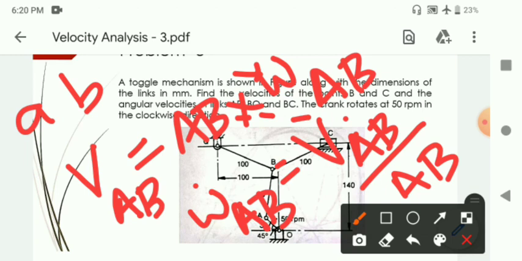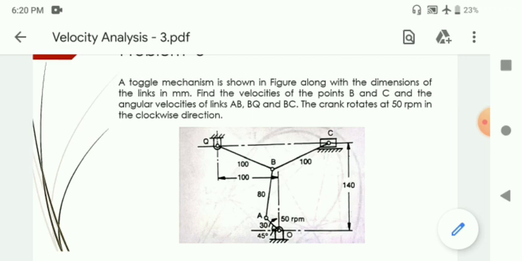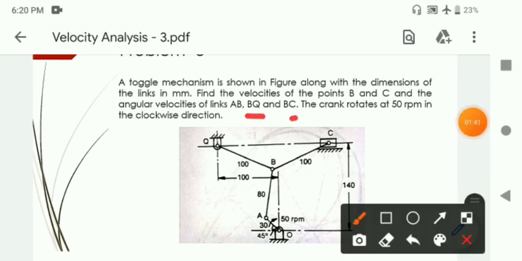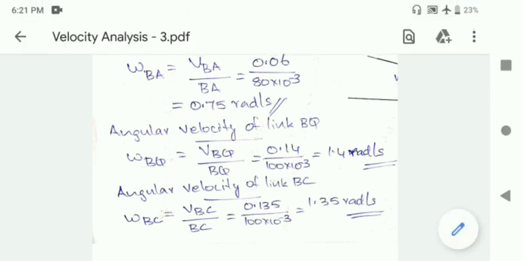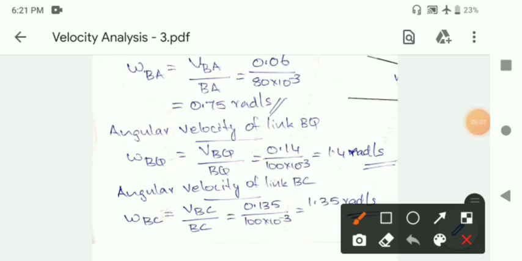Similarly, you can find the angular velocity of BQ and BC. That is what I have found out here. You will get the angular velocity of AB or BA as 0.75 radians per second, angular velocity of BQ as 1.4 radians per second, and angular velocity of BC as 1.35 radians per second.